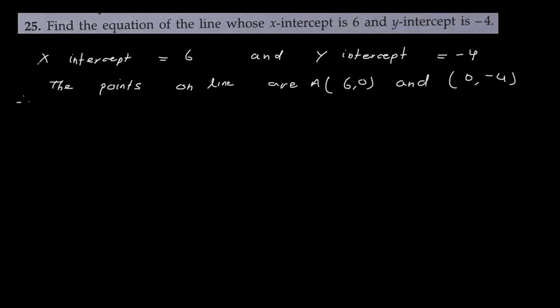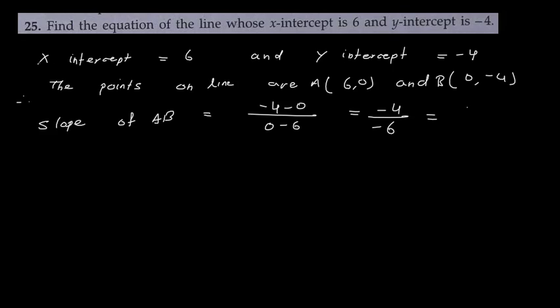So say this is point A and this is point B. So we can find first slope of AB. Slope of AB is, it is minus 4 minus 0 upon 0 minus 6. So this will give you minus 4 divided by minus 6, which is 2 divided by 3. So this is slope of AB.